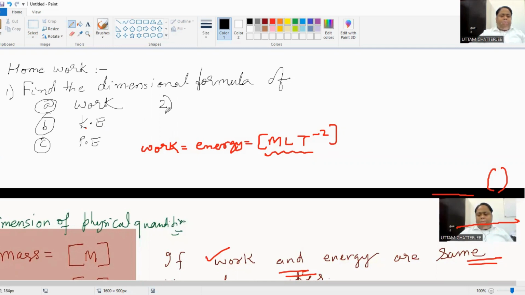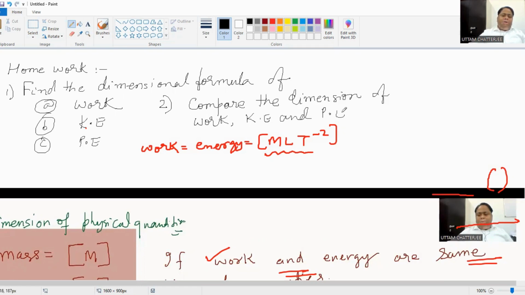And question number 2: compare the dimension of work, kinetic energy, and potential energy.